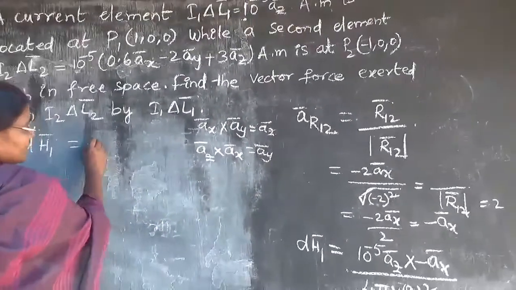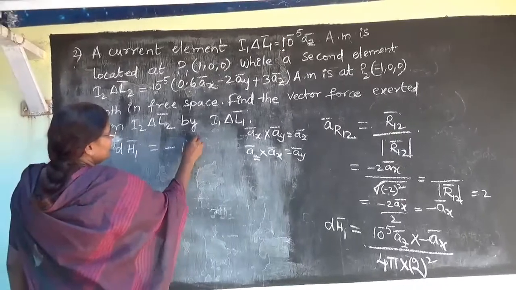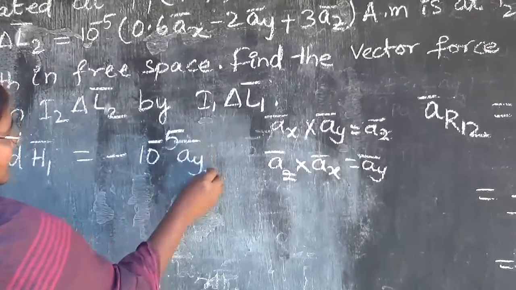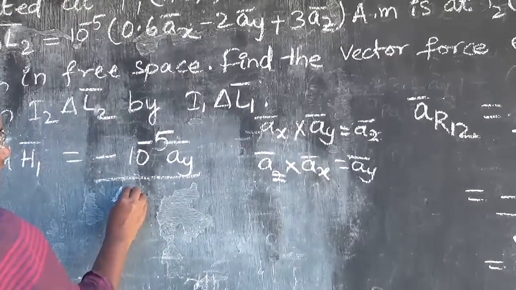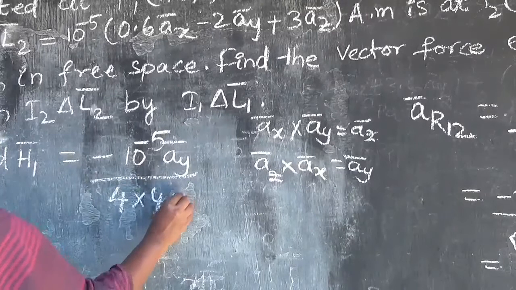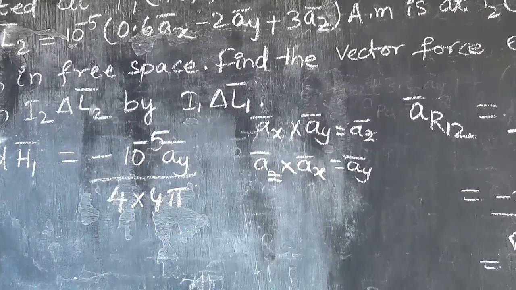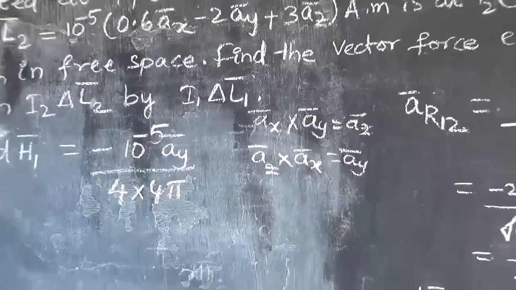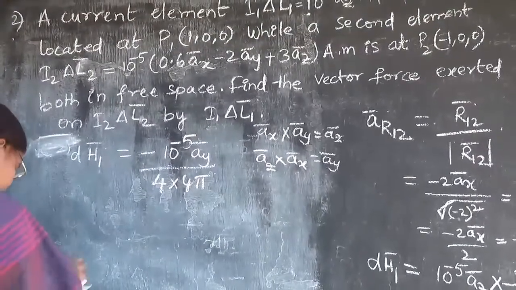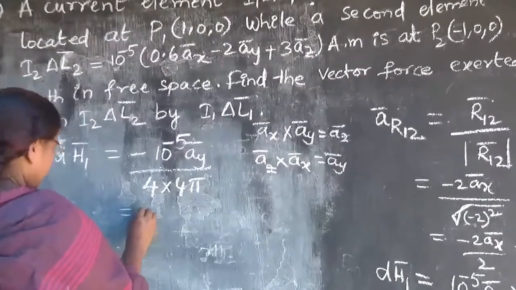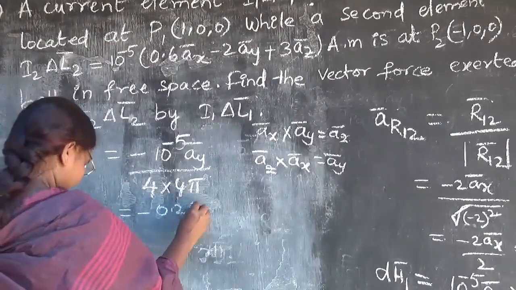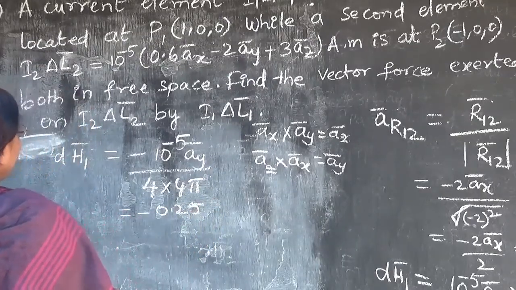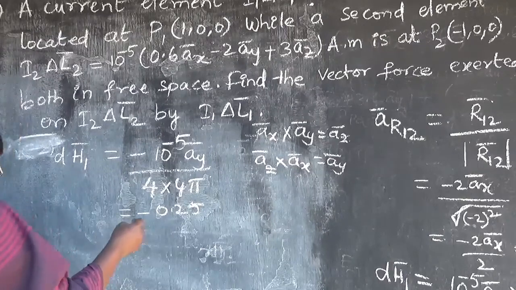So this will be minus 10 to the power of minus 5 into AY bar divided by 4 into 4 pi. So its answer, I will give the textbook answer for this, will be minus 0.25, and this is dH bar.